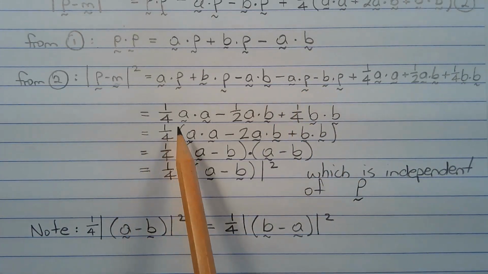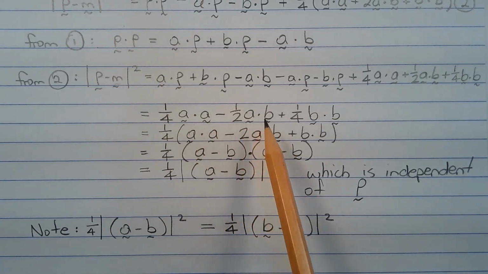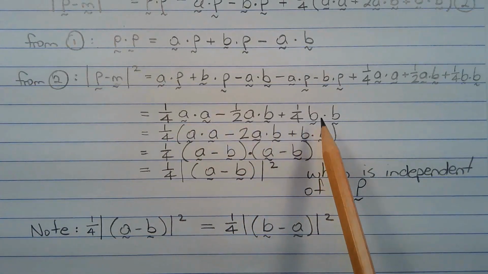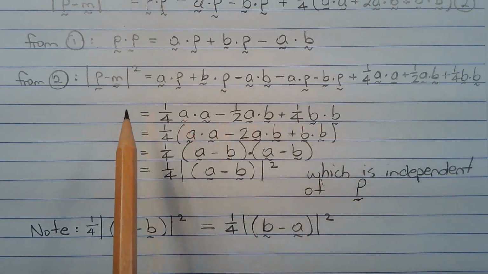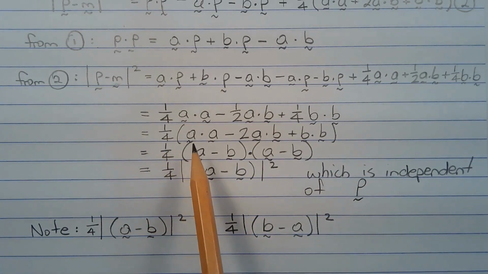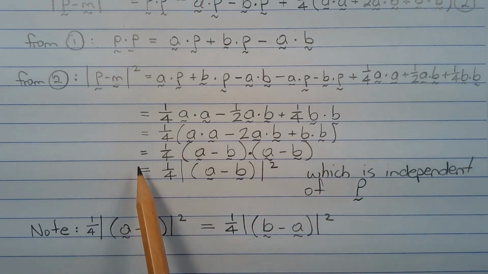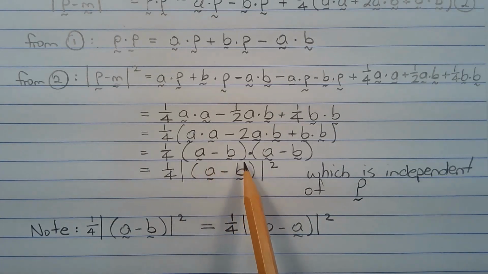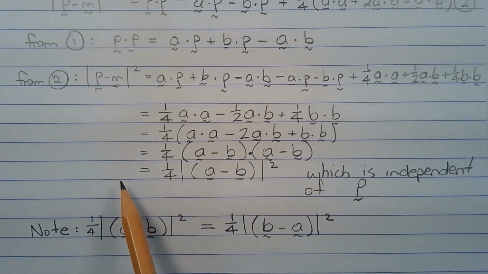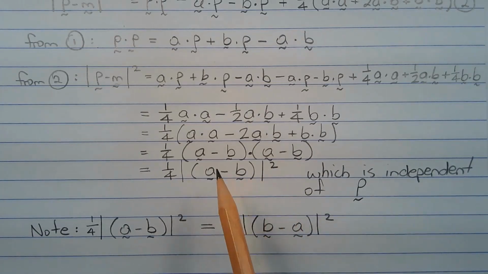That equals 1/4 times A dot A minus half times A dot B plus 1/4 times B dot B. Factorising out 1/4, that equals 1/4 times A dot A minus 2 times A dot B plus B dot B, which equals 1/4 times A minus B dot A minus B, which is equal to 1/4 times the square of the magnitude of vector A minus vector B, which is independent of P. Now note that 1/4 times the square of the magnitude of vector A minus vector B is equal to 1/4 times the square of the magnitude of vector B minus vector A.